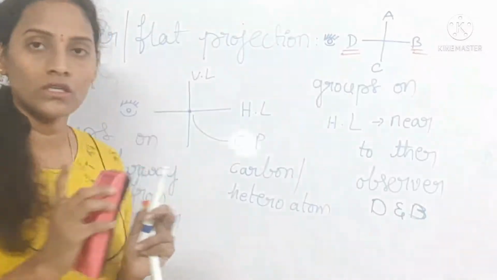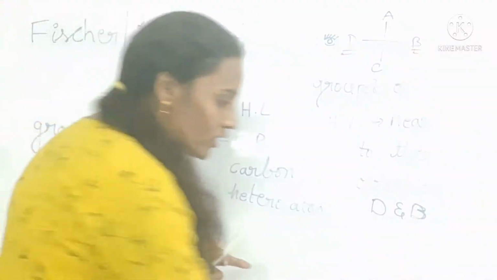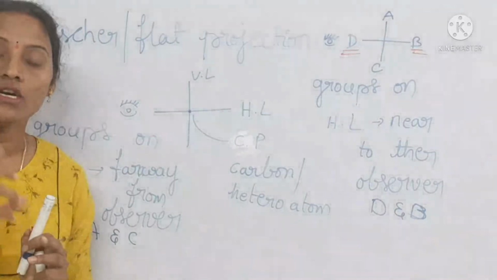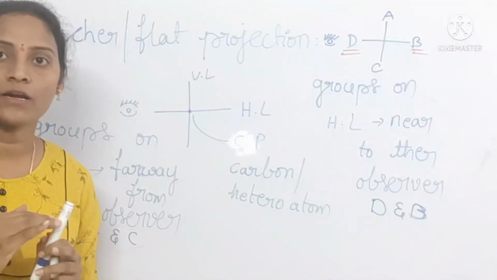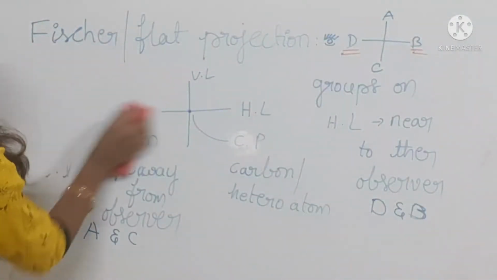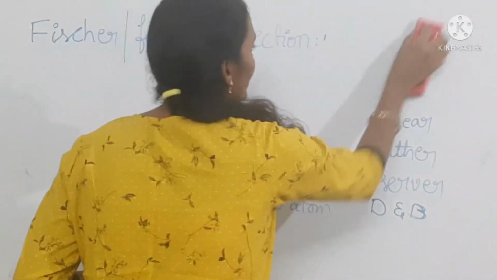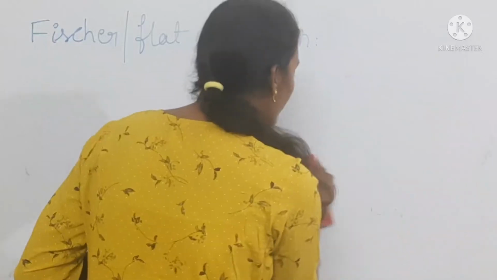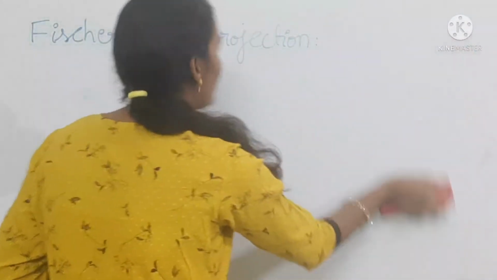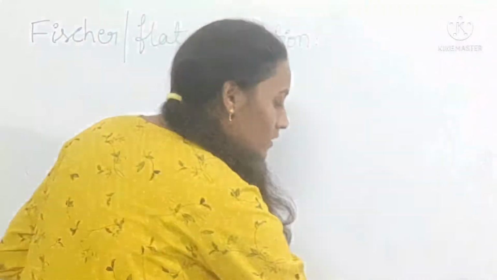And one more thing here: if you write any compound as a Fisher projection, you should take the long carbon chain on the vertical line, by placing the more oxidized group on top of that vertical line. This is an important point.